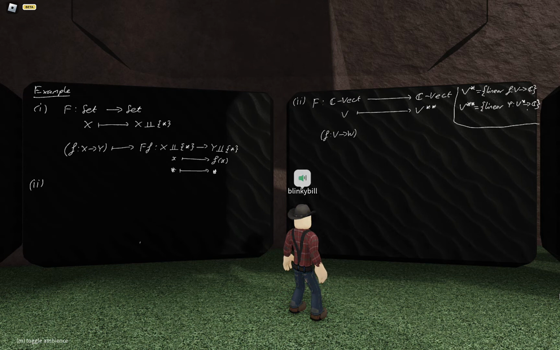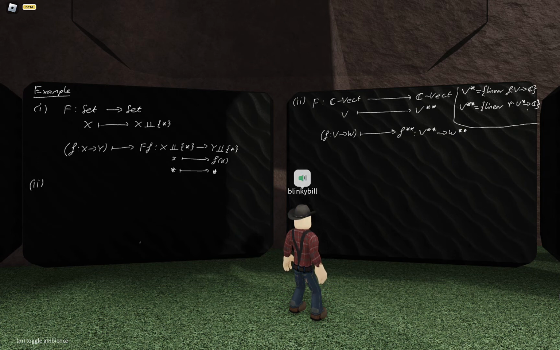If we have a morphism between vector spaces, so a linear transformation, what's the corresponding morphism between double duals of vector spaces? I'll call it F star star, and it is itself a function from V star star to W star star.